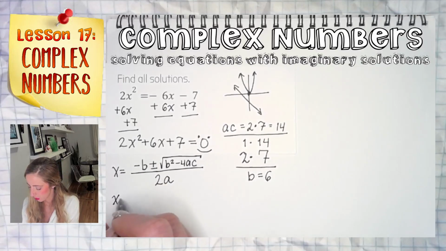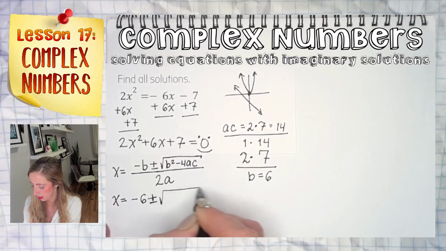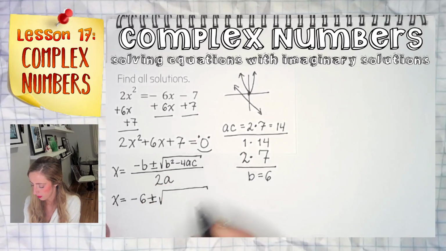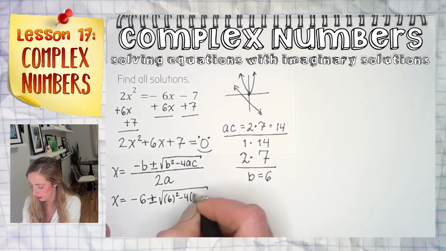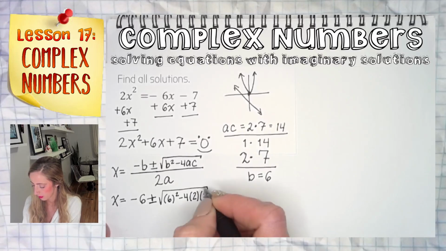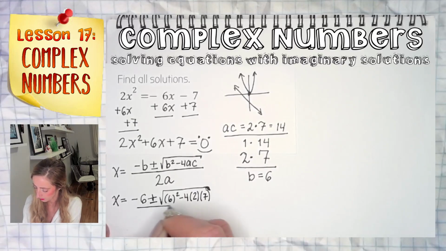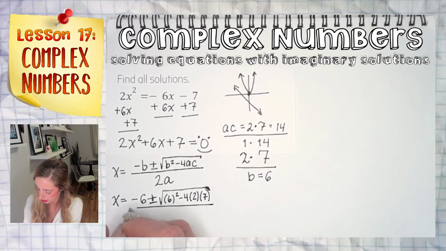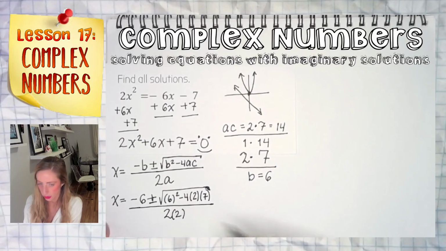So x equals opposite of b is -6 plus minus the square root of b squared is 6 squared minus 4ac, all over 2 times 2.